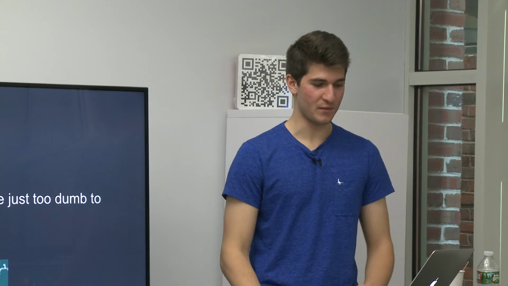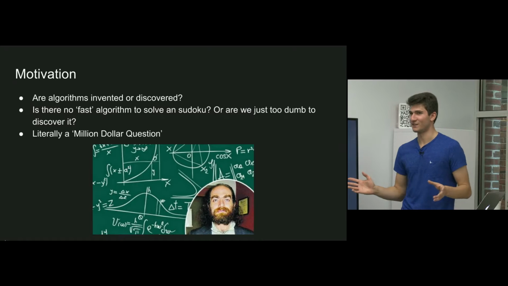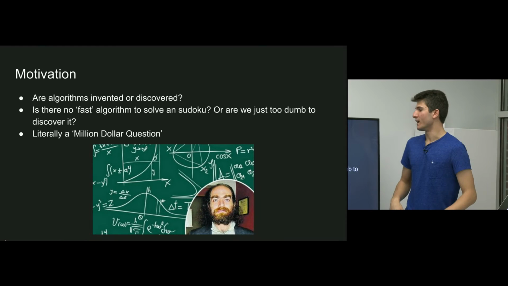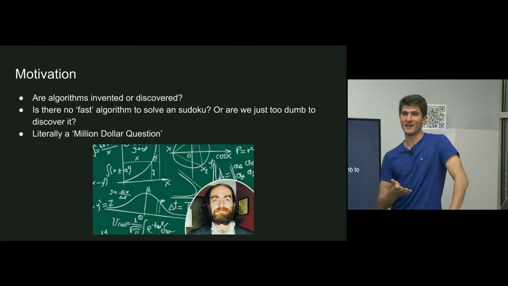A little more motivation. Answering this question of P versus NP, again, I still haven't really told you what it is, would help us with questions like, are algorithms invented or discovered? Is there some fast algorithm for solving Sudoku that we just haven't discovered yet, one that exists in the ether? Or are we just too dumb to discover it, but it definitely exists? Or does it not exist at all? And if that wasn't motivation enough, it's a $1 million question.